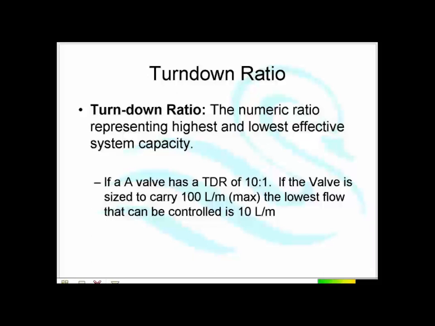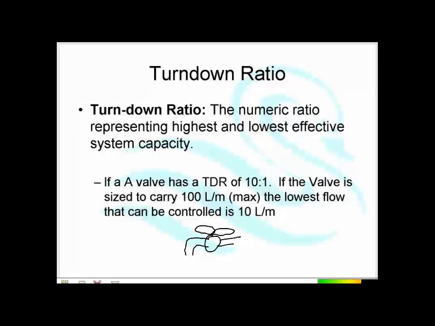The type of ratio we're interested in instrumentation is what we call the turn-down ratio. This is the ratio of the highest usable, or what they call the highest effective capacity, so the highest usable value to the lowest usable value. If you take your average tap at home, it's got a turn-down ratio of about 10 to 1.